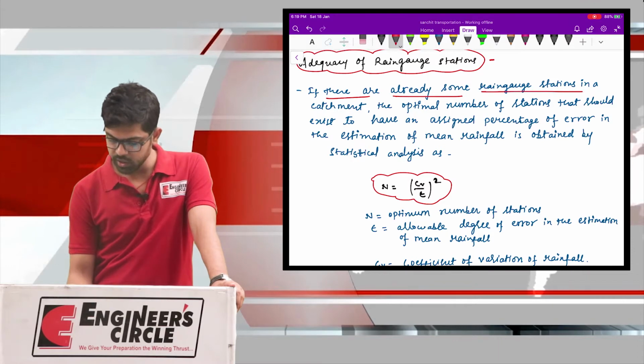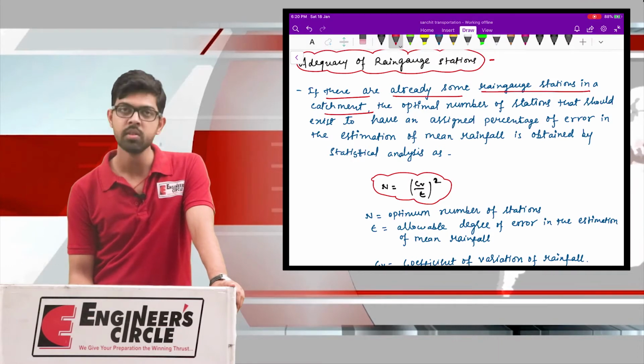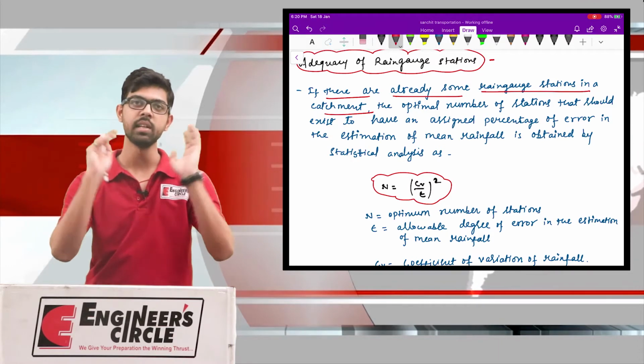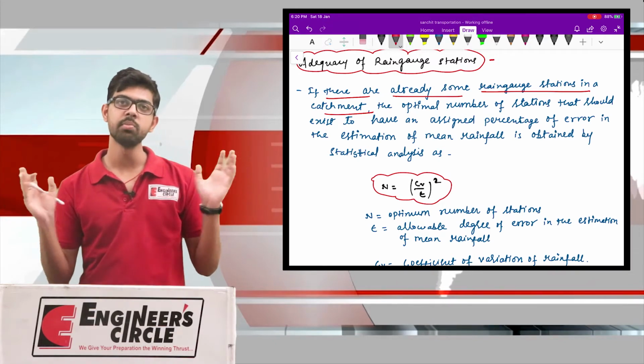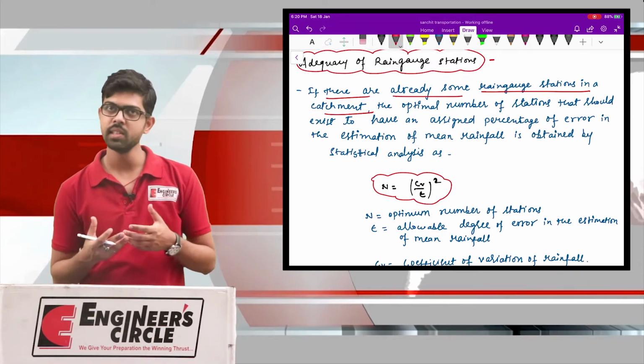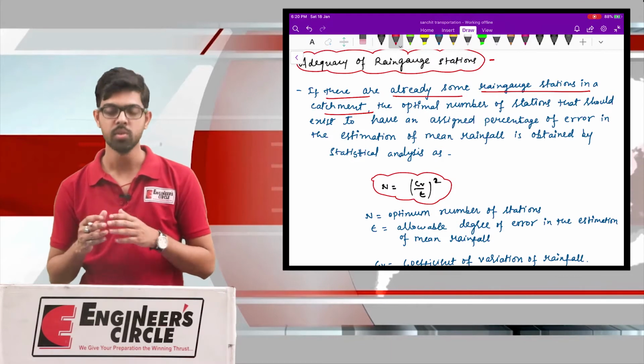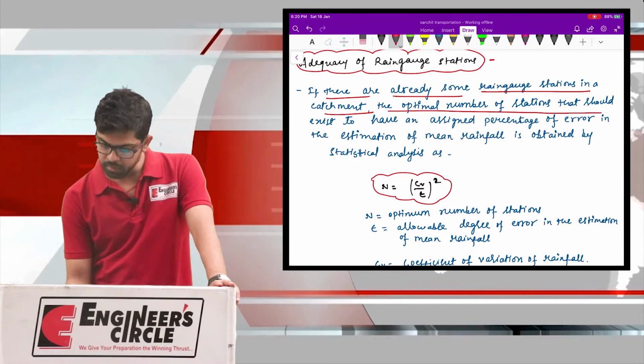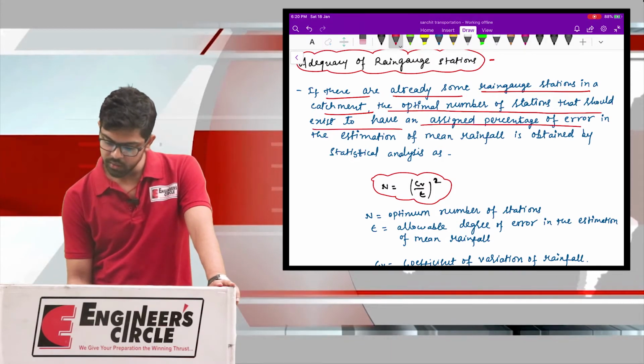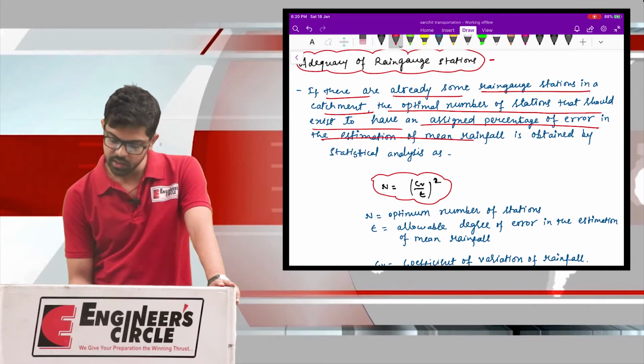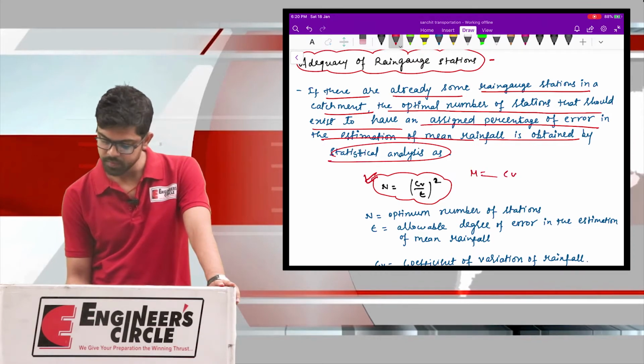If there are already some rain gauge stations in a catchment, the optimum number of stations that should exist to have an assigned percentage of error in the estimation of mean rainfall is obtained by statistical analysis as N equals (CV over epsilon) whole square.